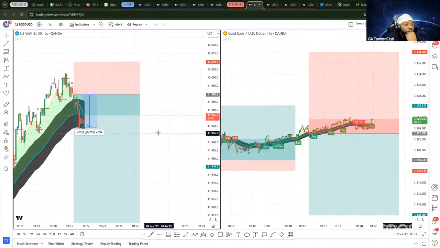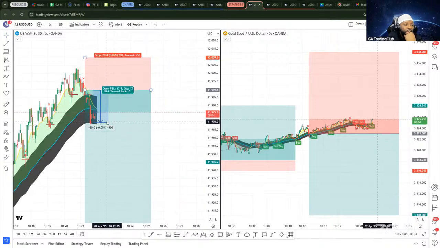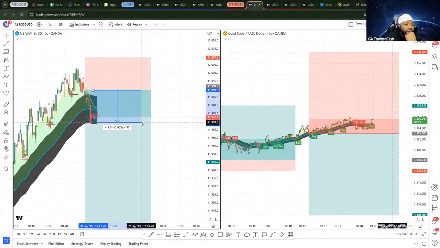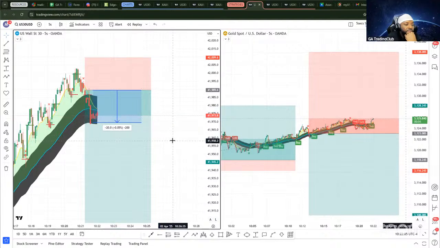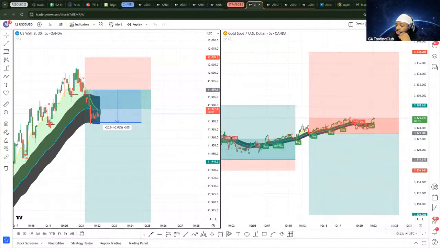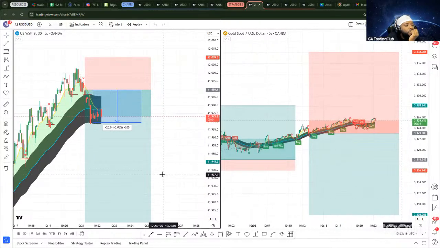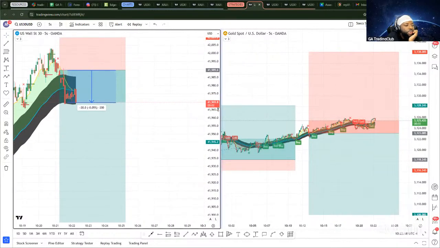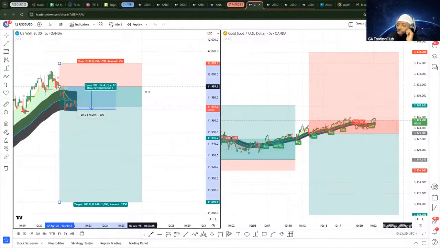So you can go ahead and set break even for this particular one. 20 points is somewhere around there. I think it should still come down and hit. But for me, I'm shooting for a 1:5 risk to reward for this trade.